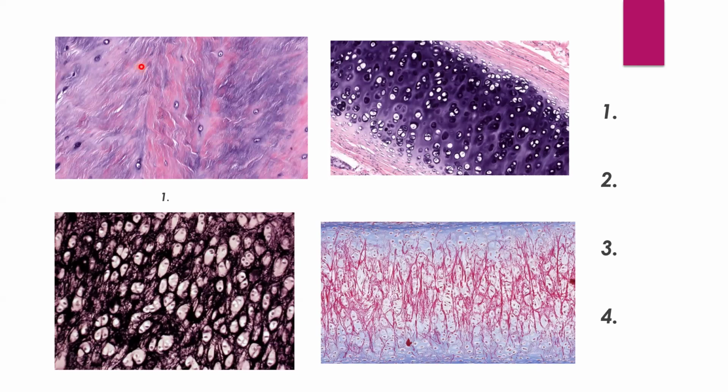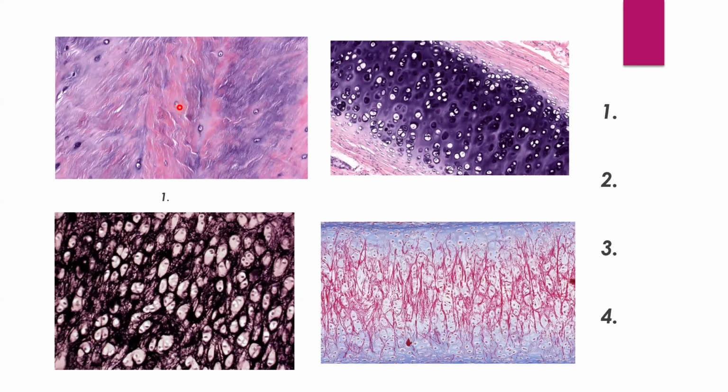This fibrocartilage will resist force, to resist stress. That's the reason why those locations won't be deformed by stress. In the intervertebral disc, the annulus fibrosus will have fibrocartilage, and that's the reason why you can't have deformity of the intervertebral discs.